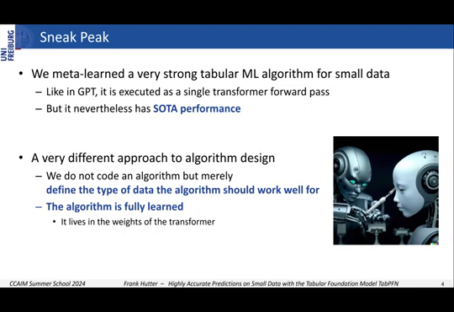So this algorithm that is being learned lives in the weights of a transformer, and the transformer in its forward pass is executing a machine learning algorithm, just like you would execute XGBoost or something like that. This is executed in the forward pass of a transformer, and this transformer is just learned from data to do well on the types of data that you specify. So it really turns the system on its head.